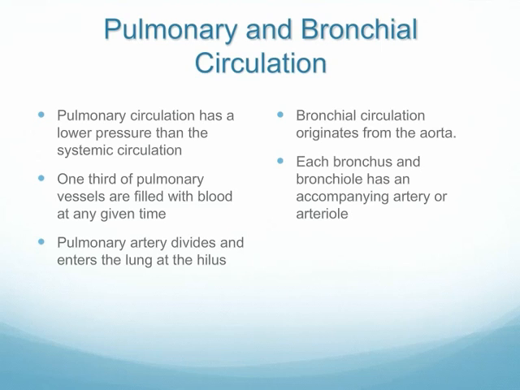Now the reason why this distinction may be important would be if we have somebody who has a condition like a pulmonary embolism. In a pulmonary embolism, we have an emboli that's stuck in the pulmonary circulation, not in the bronchial circulation. So the lungs are still being perfused the way they normally would, but we have a block of our pulmonary circulation, and that leads to a ventilation-perfusion mismatch.